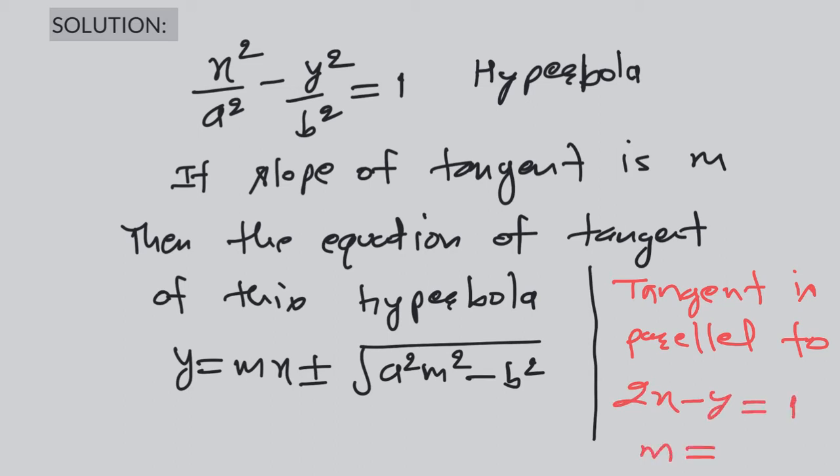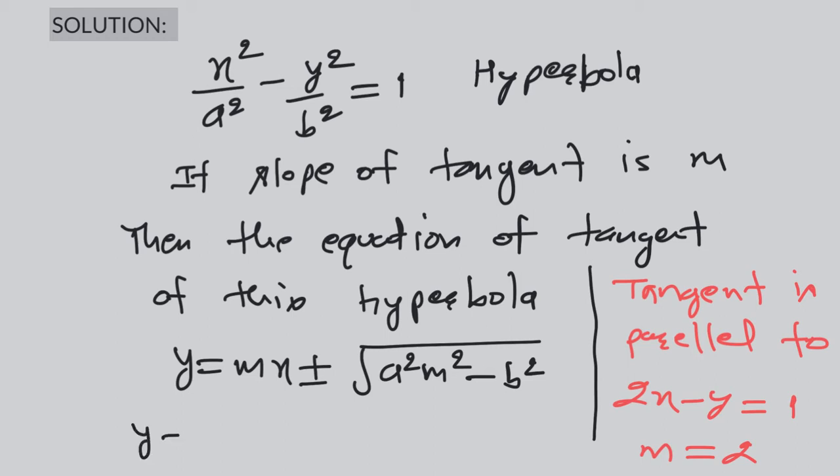The slope of this line is 2. If any line is in the form y equals mx plus c, then the coefficient of x is the slope of that line. So the slope of this line is 2, and that will also be the slope of the tangent of the hyperbola. So here m equals 2.